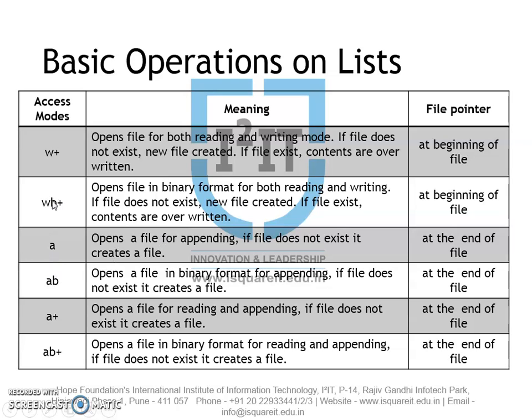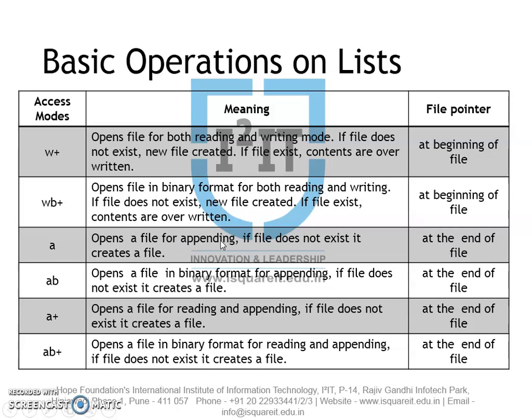If the access mode is written as a, then the file opens in appending mode. And if the file does not exist, then that file will be created. This access mode also starts from, so just see the difference, it starts from end of the file.